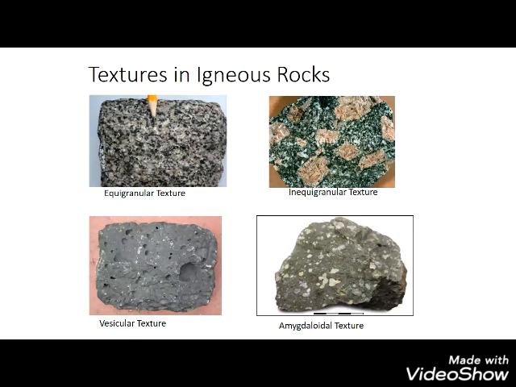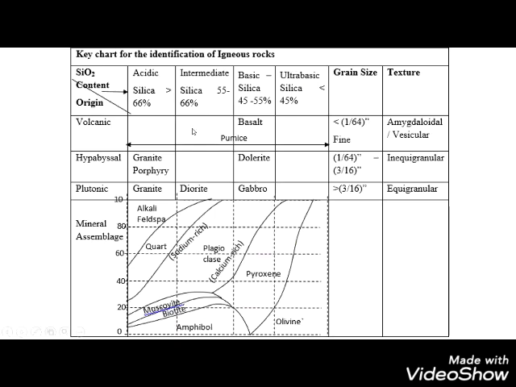There are many, many more textures, but I have given you superficially whatever is there in your syllabus. So the four textures you have to keep in mind are equigranular texture, inequigranular texture, vesicular texture, and amygdaloidal texture. Coming to the key chart, this actually I had made you write while teaching theory as well.